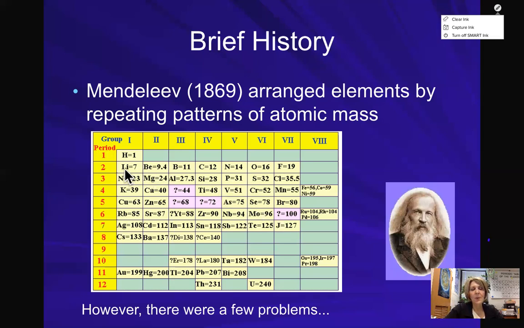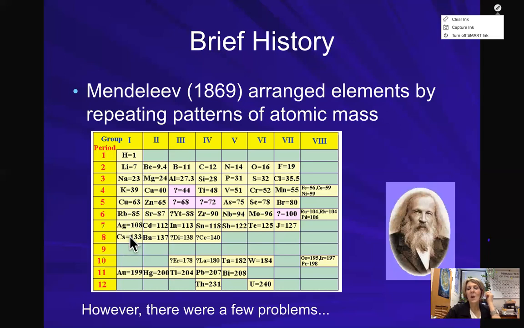So for example, of course, not all the elements were discovered then, but he began to see that every 8 elements, there was a repeating pattern about the way these atoms reacted. And so you can see that some of these he put in what we call now the alkali metals. Now, copper is not there anymore, and neither is silver, but hey, for 1869, he did pretty well, right?